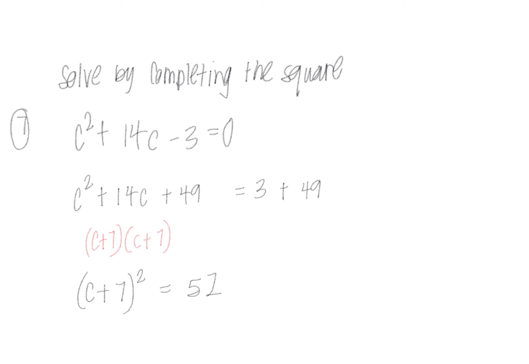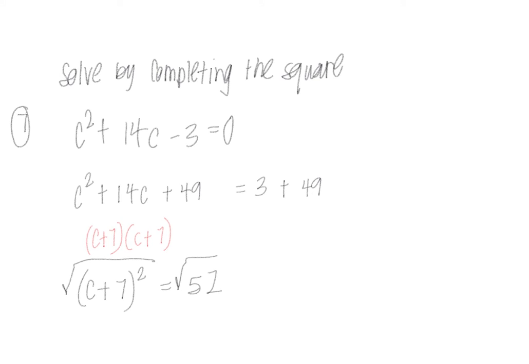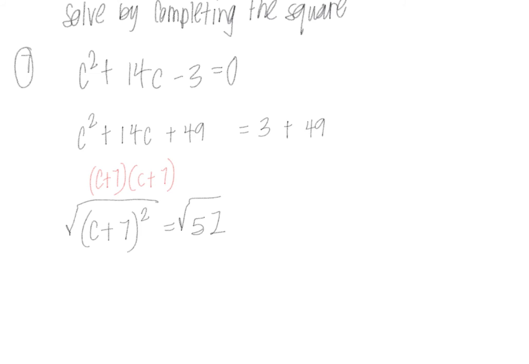Anyway, so now let's apply that square root property, taking the square root of both sides. The square root undoes the square to leave me with c plus 7. And when you inflict something on something else, there's positive and negative consequences. So when I inflict a square root on a number, it's like inflicting a disease. There's a positive and negative square root of 52.